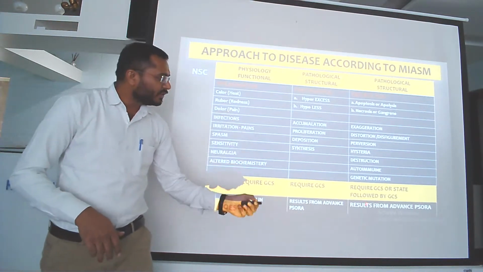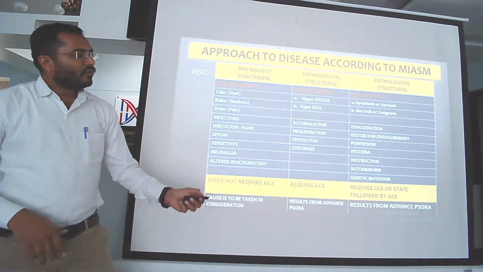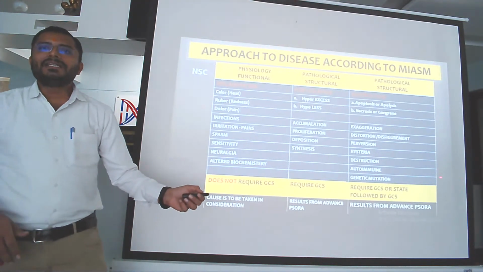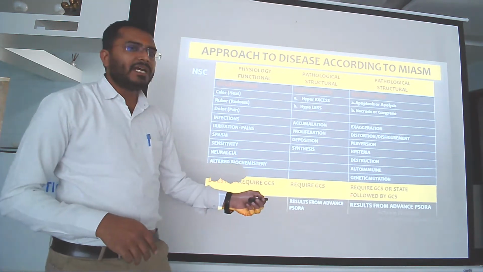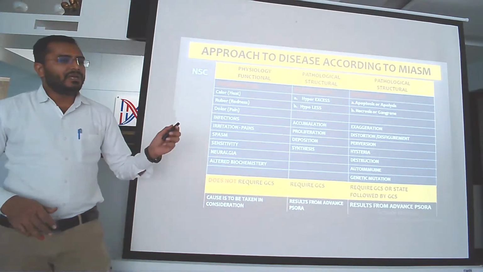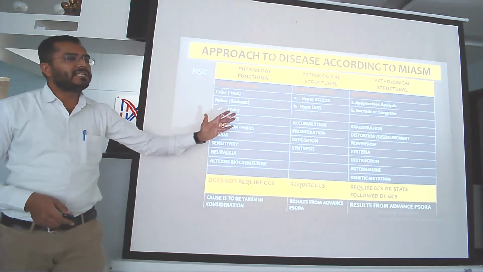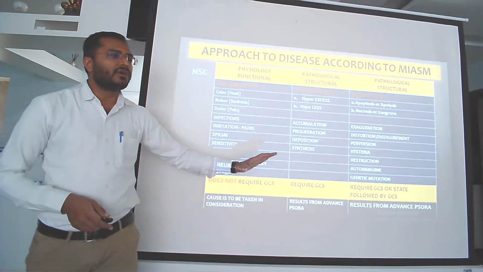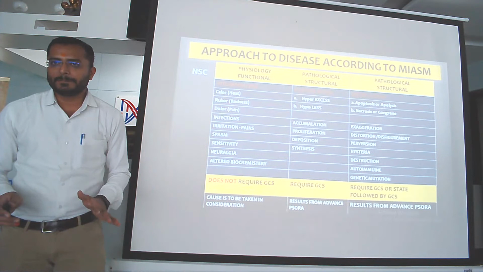So in this pathological structural change, syphilis, we require two things: either a GCS or a state remedy, or a state remedy followed by a GCS. Am I clear? Very important chart to practice. Every case should be classified in these three, and according to that you have to prescribe. If you do this, it is very easy to practice homeopathy.